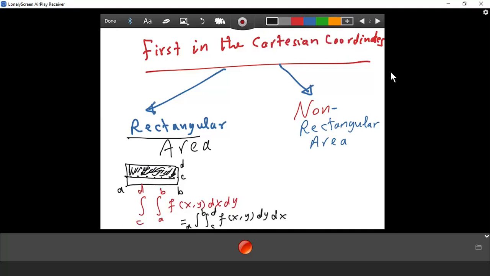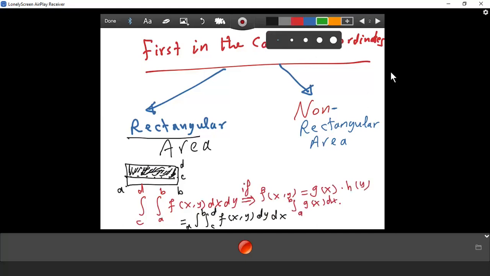Not only this, if your function f of x and y is exactly two functions, one of x and the other of y, then this will be the integral of g of x dx from a to b, multiplied by the integration of the other function of y, integrating with respect to y from c to d.